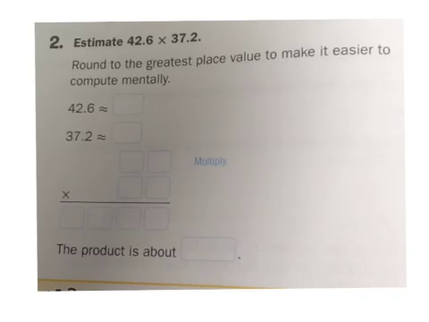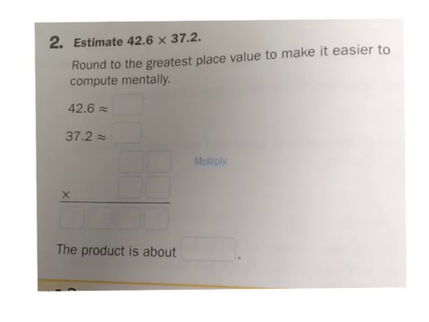You can follow along with me on page 186. This is number 2. Now, in this problem, we're going to be estimating again. However, the directions read, round to the greatest place value to make it easier to compute mentally. So what that means is we want to round this number to the nearest greatest place value, that means we want to round it to like 10, 20, 30, 40, an even number like that.